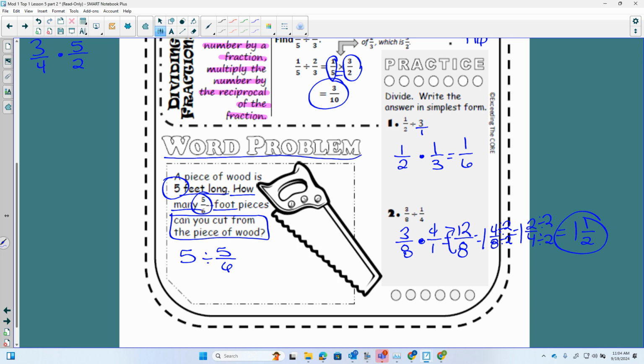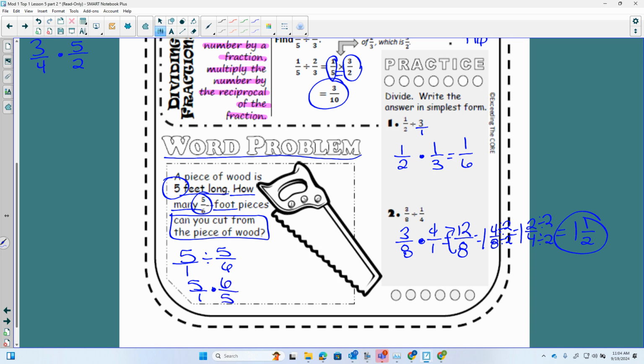All right, so what do I do first? Change. Make my 5 a fraction, my whole number. It goes over 1. Then I keep, change to multiplication, flip the second one.